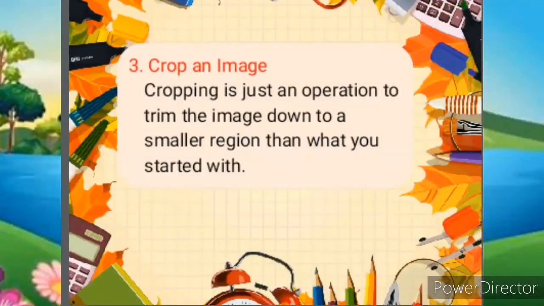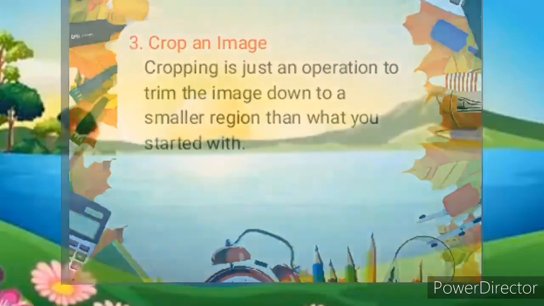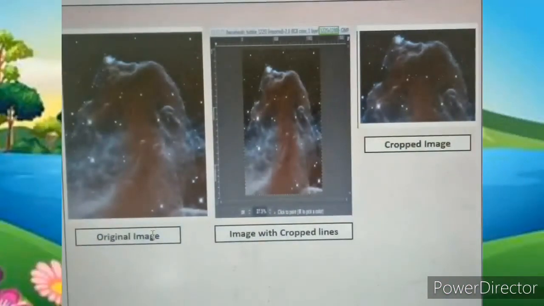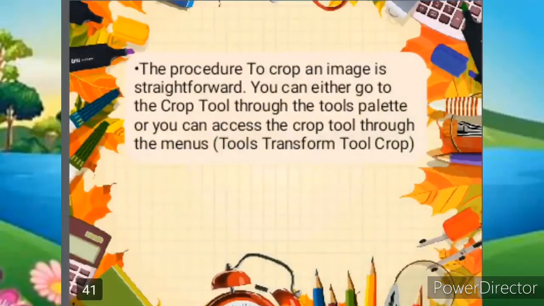Number 3 main point in using GIMP is crop an image. Cropping is just an operation to trim the image down to a smaller region than what you started with. The procedure to crop an image is straightforward.